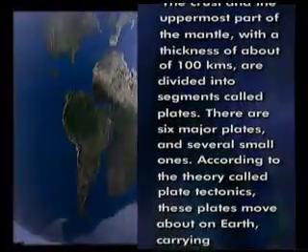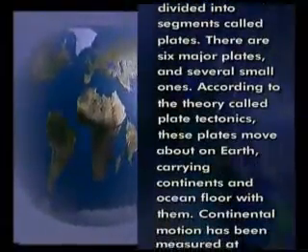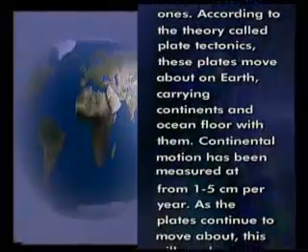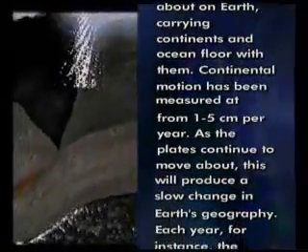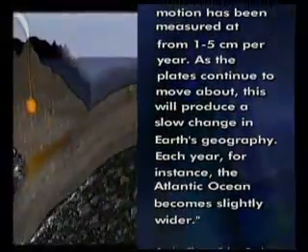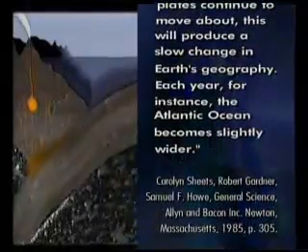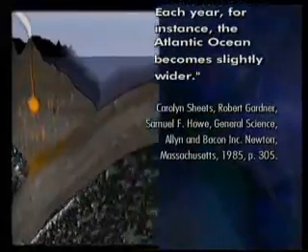According to the theory called plate tectonics, these plates move about on Earth, carrying continents and ocean floor with them. Continental motion has been measured at from 1 to 5 centimeters per year. As the plates continue to move about, this will produce a slow change in Earth's geography. Each year, for instance, the Atlantic Ocean becomes slightly wider.